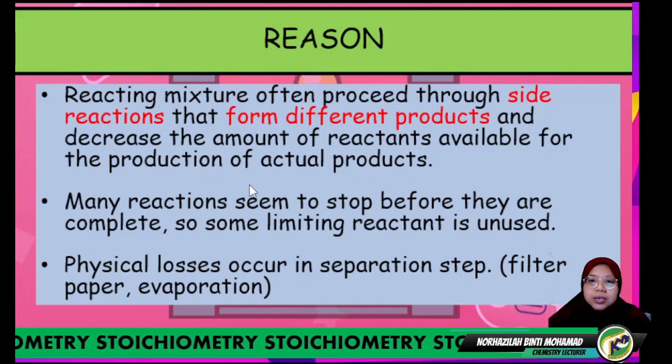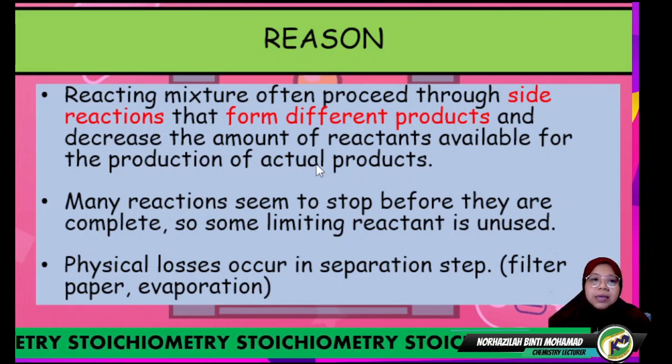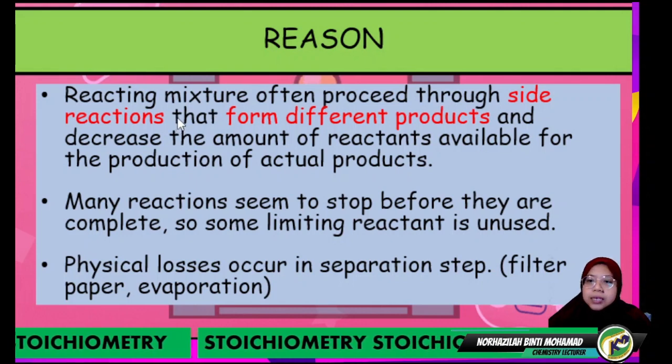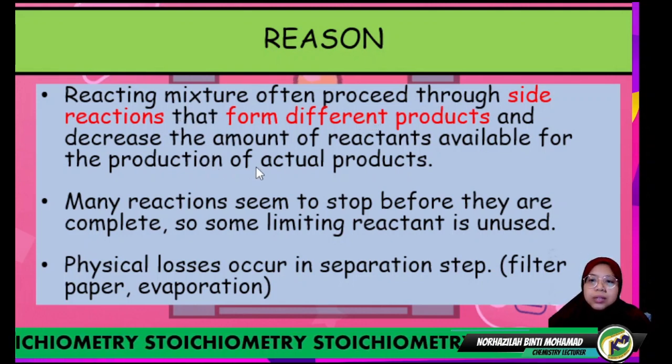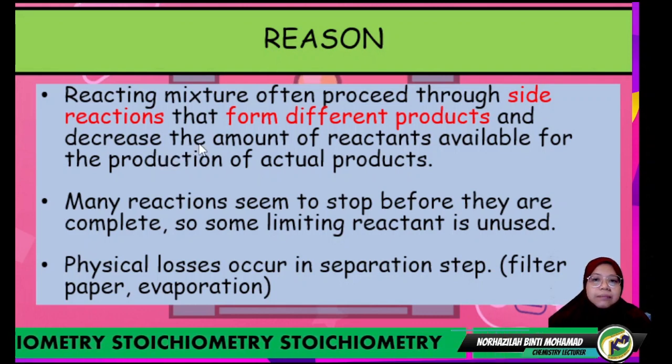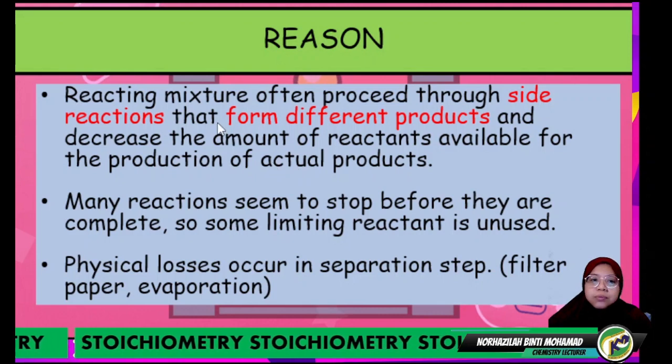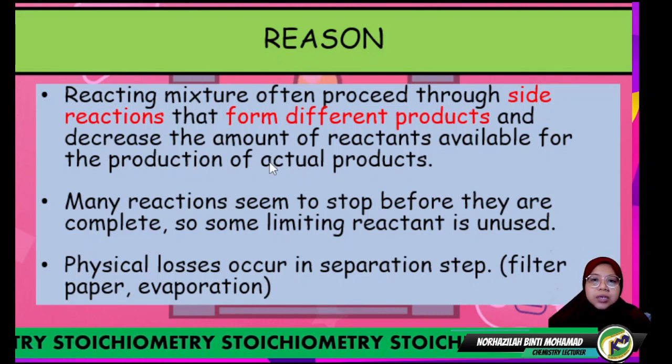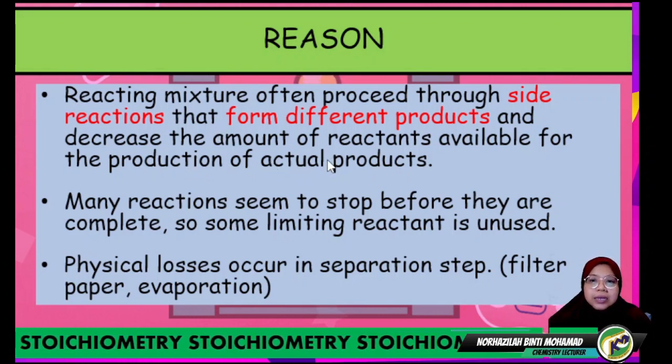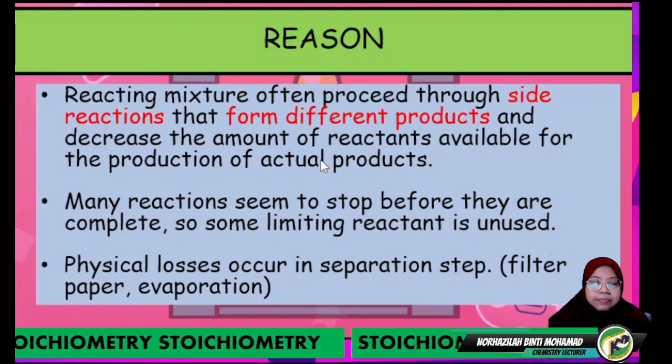So during the reaction, sometimes the reactant will go through a side reaction that will form different products other than the actual product. That means the amount of reactant used to produce the actual product will decrease, so the production of the actual product will also decrease.